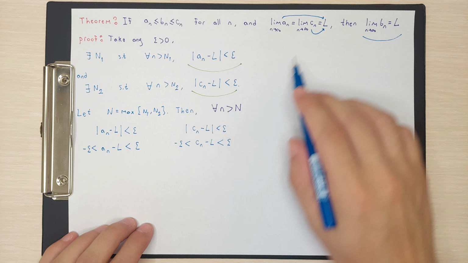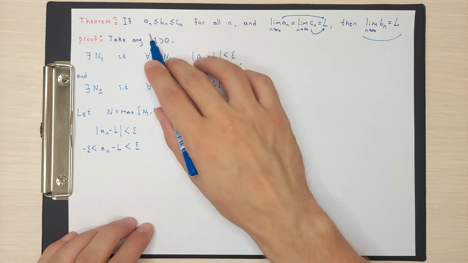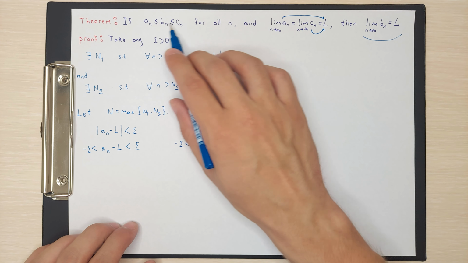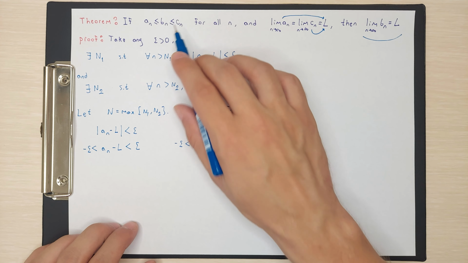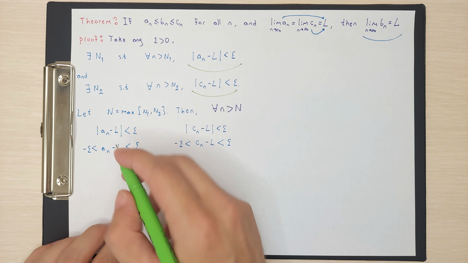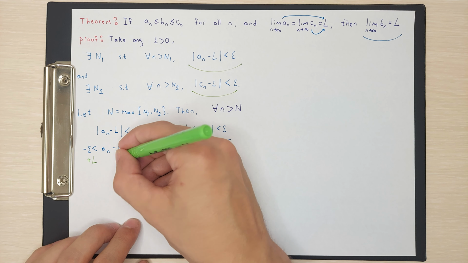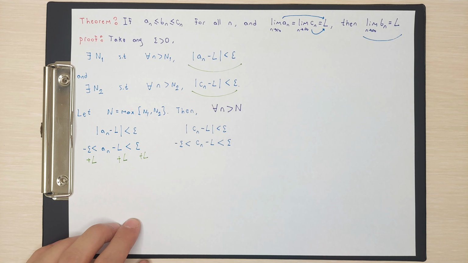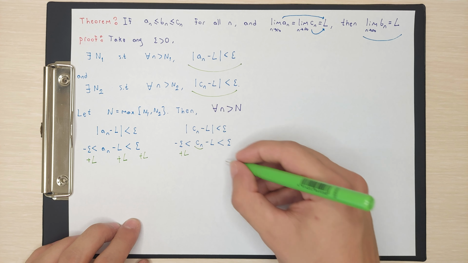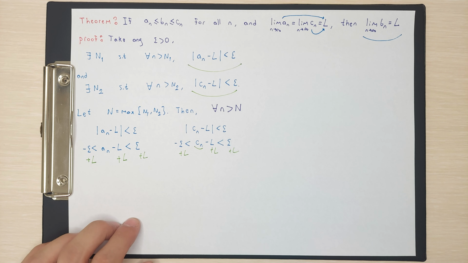Now, we came here by using this assumption. Now we are going to use that assumption. That assumption is an order between an and cn. An values are less than cn values. But here, as you can see, we don't have only an, we have an minus L. So if I add plus L to all sides, and similarly we have cn minus L, so if I add plus L to all sides, what do I have?